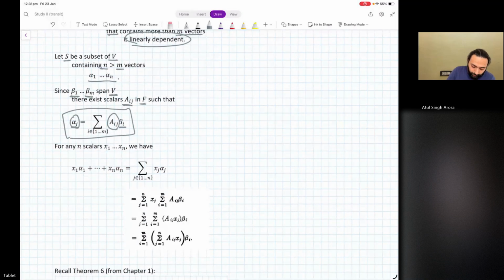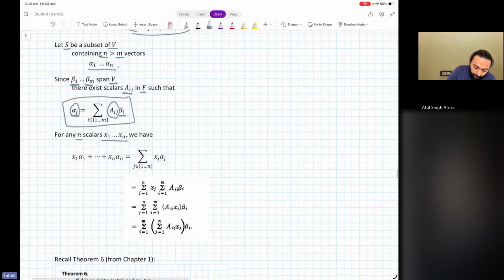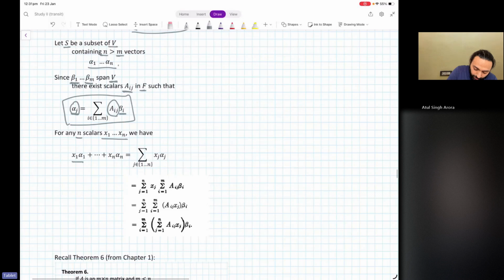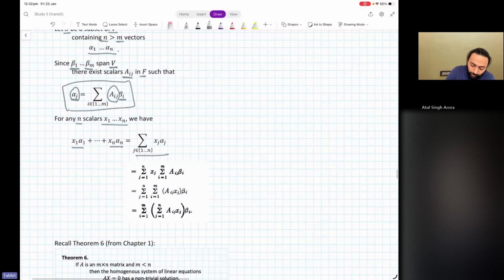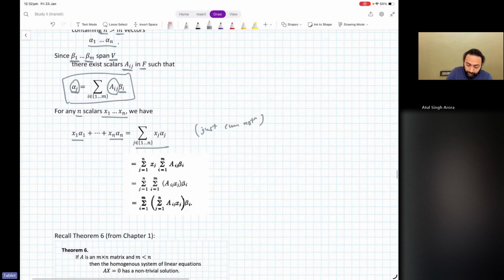Exactly. And then for any scalars x1 to xn, we have the following. You take a linear combination of x1 alpha 1, and so on. So we're just taking linear combinations of alphas. I'm just rewriting it as a sum. Is the first step okay? This is just summing up, some notation. The next step, what are we saying?